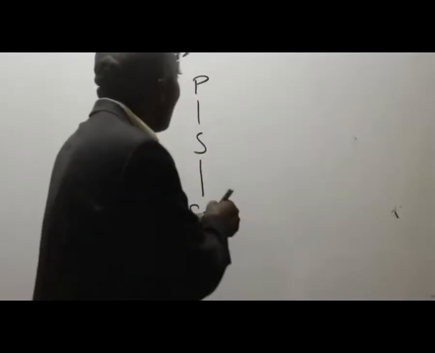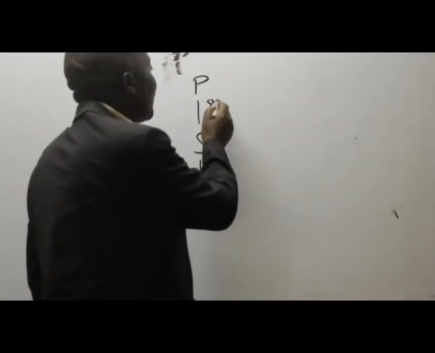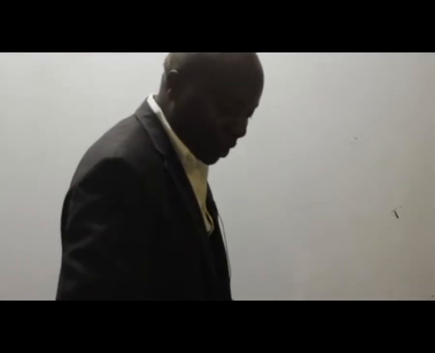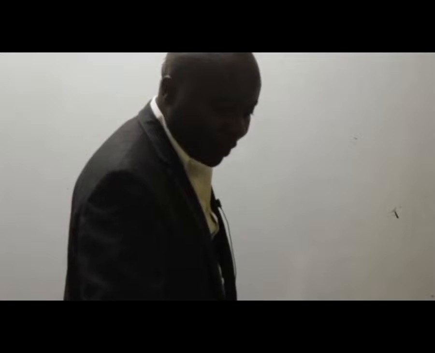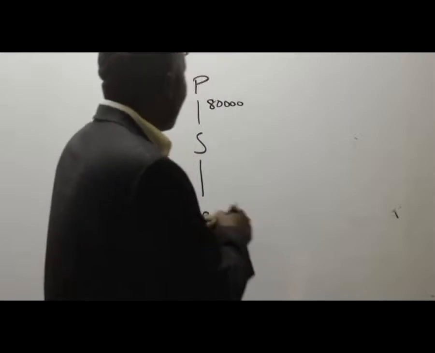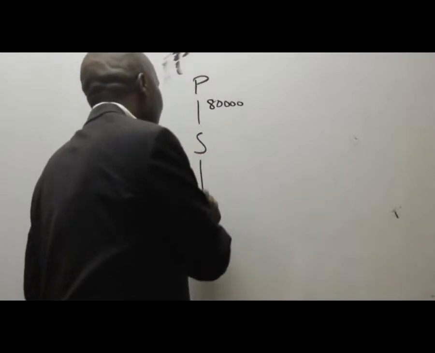And you can see from the statement of financial position given that there are 60,000 shares in SS. Who bought these 60,000 in SS? We are told it's S company that bought SS. So 60,000 shares were bought by S.